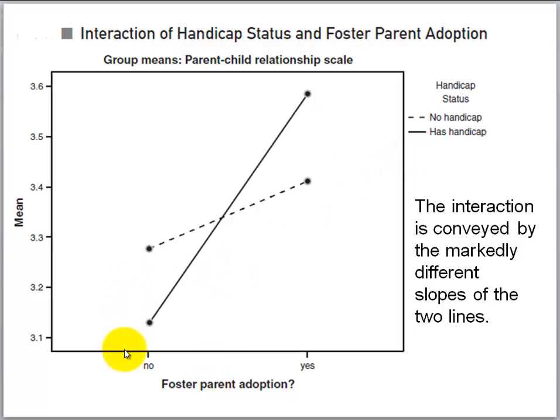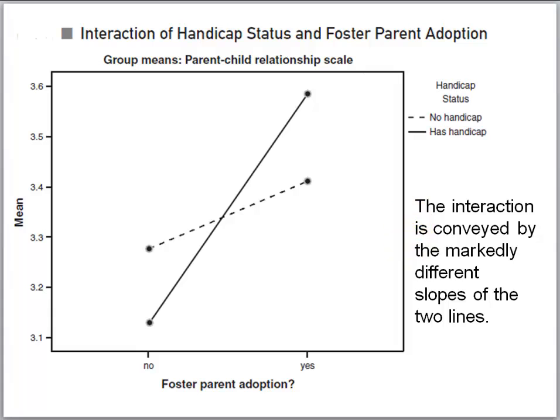You can see that where you do not have foster parent adoption, the outcomes are more positive for the kids without handicaps. But where you do have foster parent adoption, the outcomes are more positive for the kids with handicaps. Basically in ANOVA, where you see lines crossing in the plot, that conveys interaction.